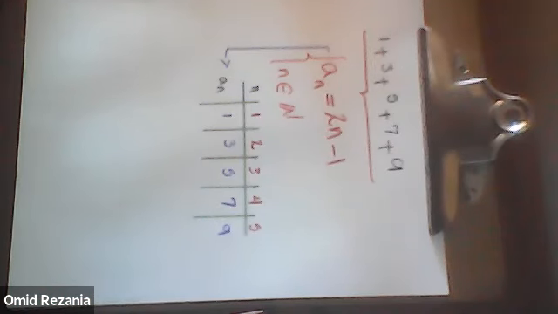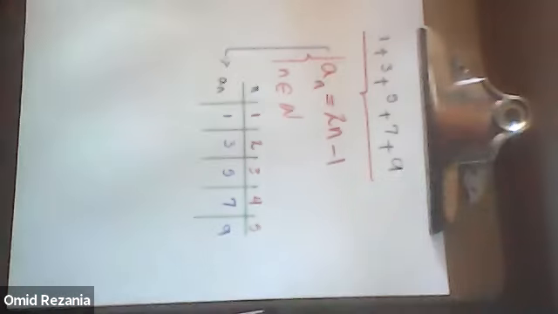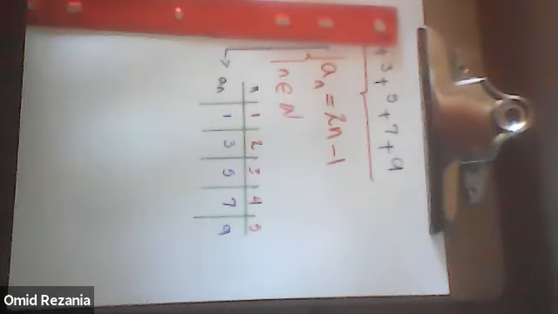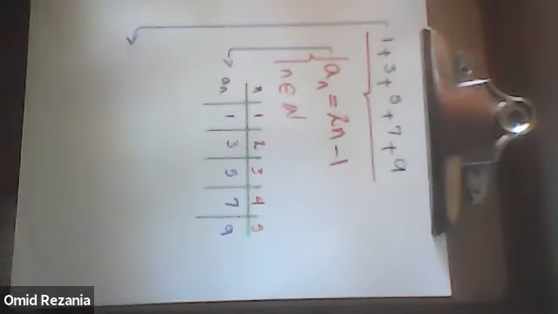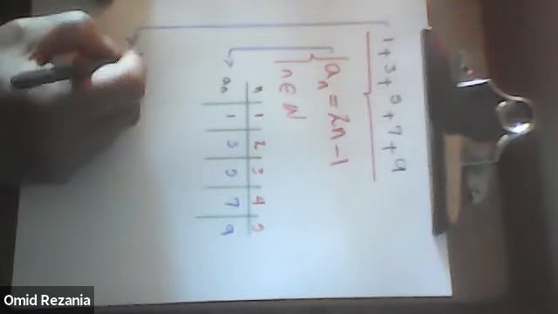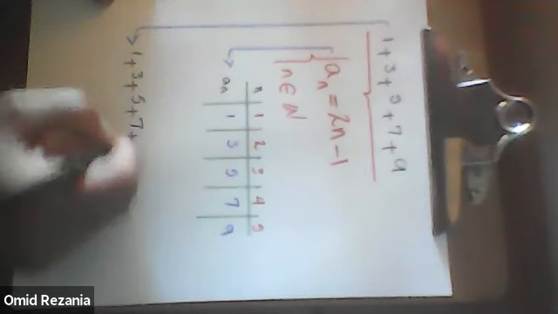However, I'm just going to add them together, because the task required of me is to find another way to write them. I want to show what happens if I want to add them together: 1 plus 3 plus 5 plus 7 plus 9.